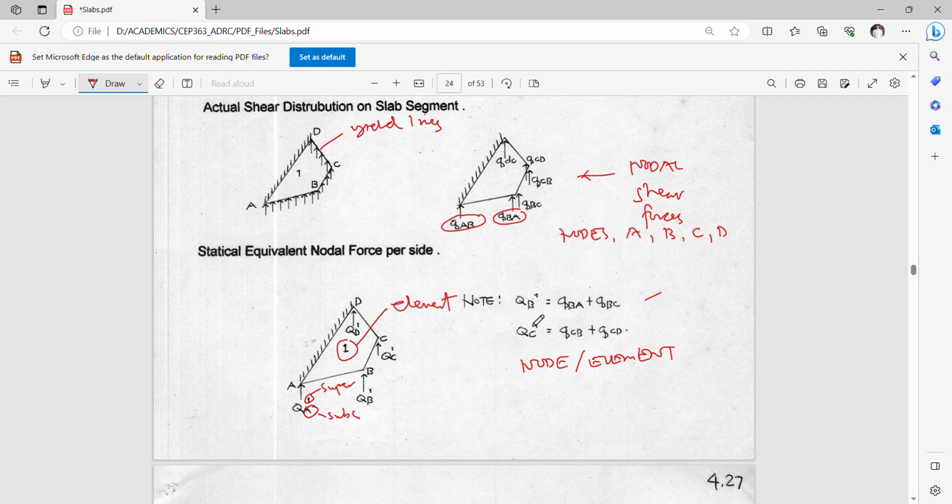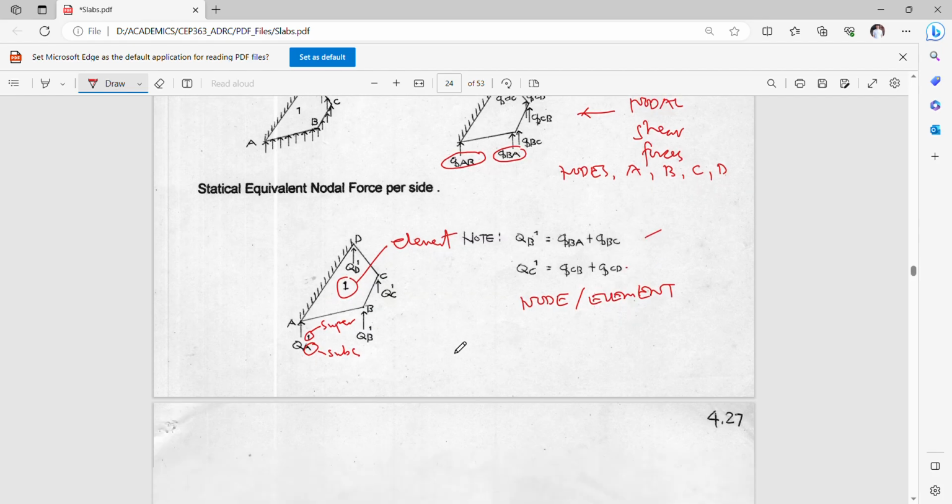So QC1 is equivalent to QCB plus QCD. These are just descriptions that you need to understand because when we encounter them in literature, we will be able to understand them easily to avoid confusion.